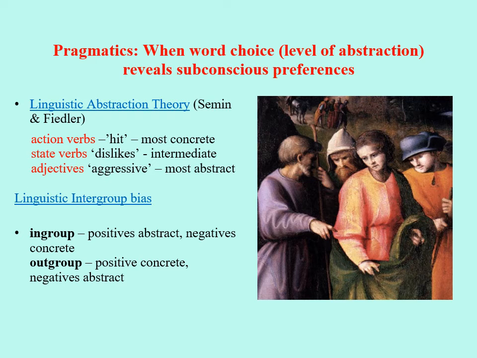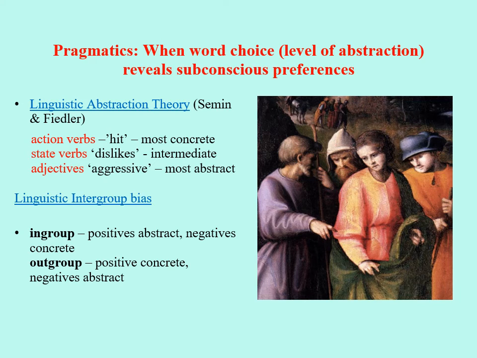This kind of choice of words can influence the way you identify with different groups. The linguistic intergroup bias, which we looked at briefly previously, shows that when you describe a positive behavior of an in-group member, we tend to use abstract general terms like adjectives, and when we describe the negative behavior of an in-group member, we are more likely to use concrete and specific terms.